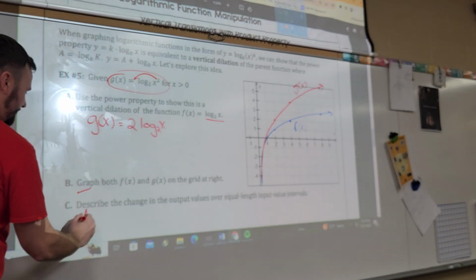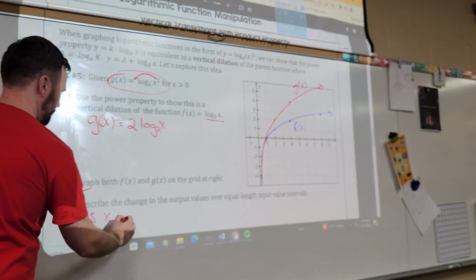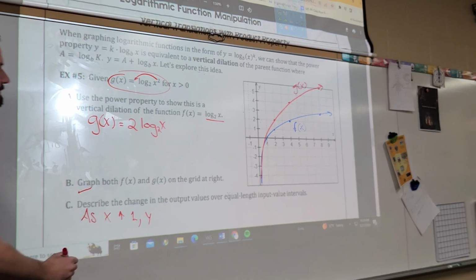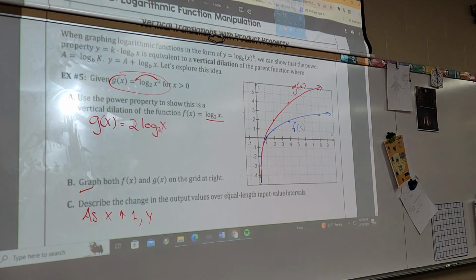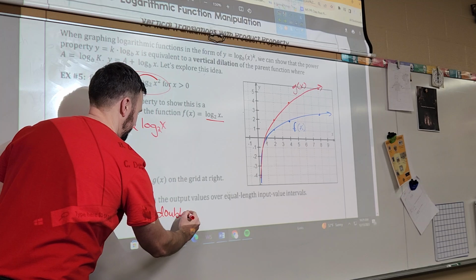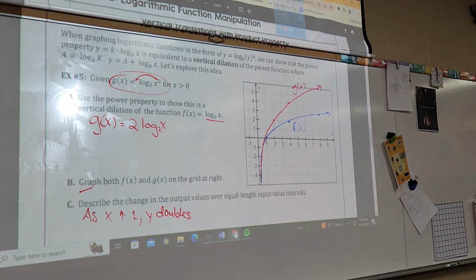That's what everyone says. As x goes up by 1, what happens to my y? Y doubles. As every time x goes over, my y value is increasing by doubling.